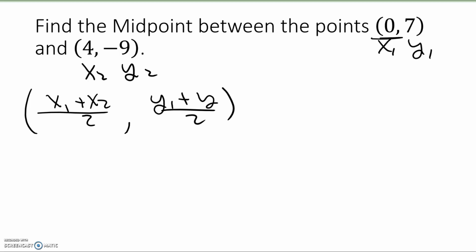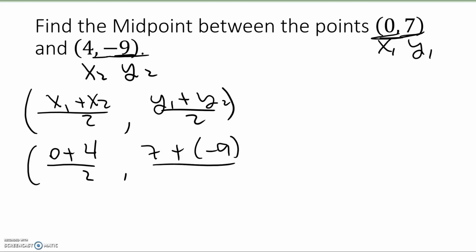So x sub 1 is 0, plus x sub 2, which is 4, divide by 2, comma. y sub 1 is 7, plus y sub 2, which is -9. I'm going to put that in parentheses. So 0 plus 4 is 4 over 2.